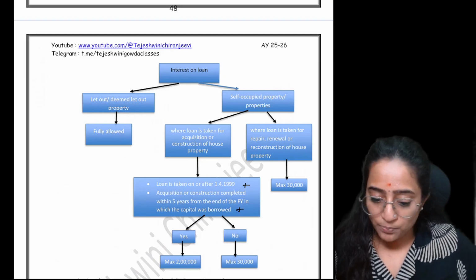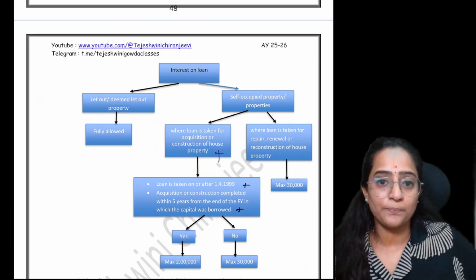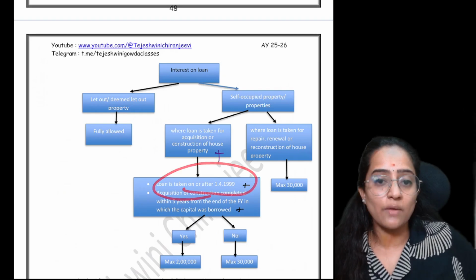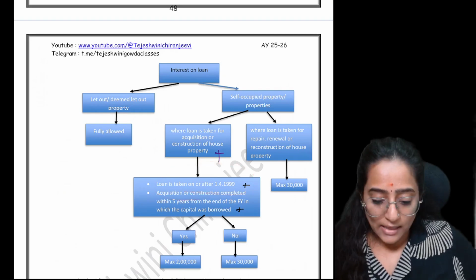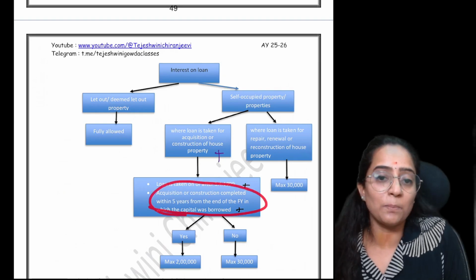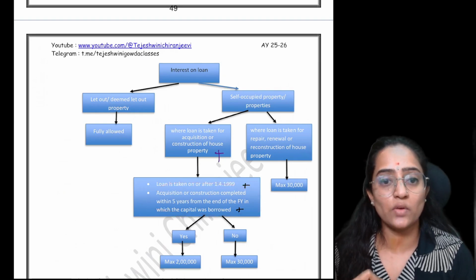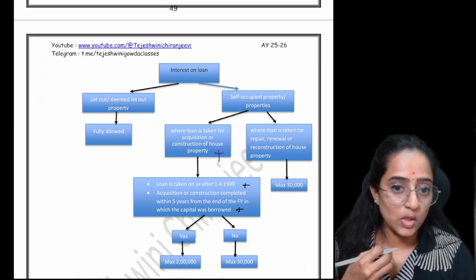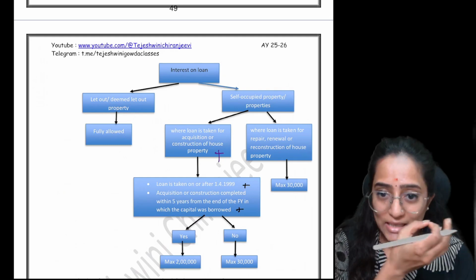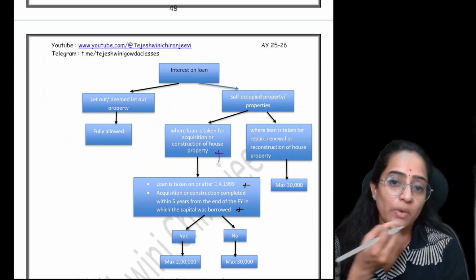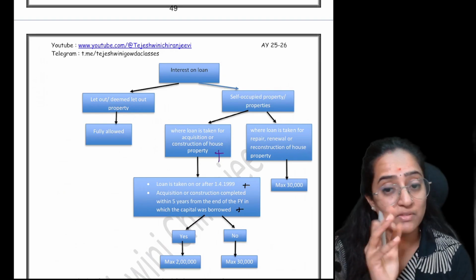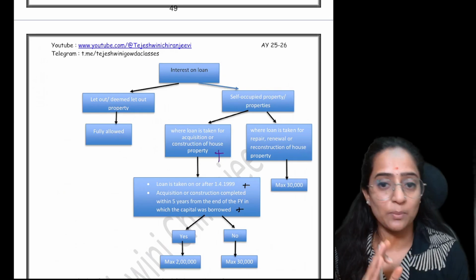And remember, these are and clauses. The loan is taken on or after 1/4/1999, and the acquisition or construction is completed within 5 years from the end of the financial year in which the capital was borrowed. That is, within 5 years from the end of the financial year in which you have taken the loan, your construction should have been completed.